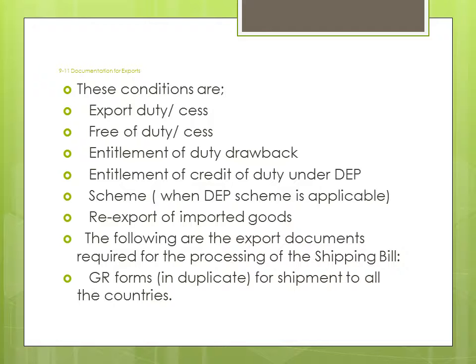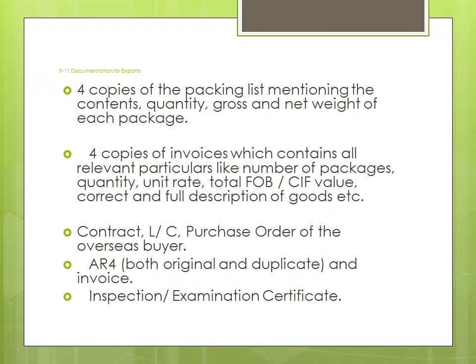GR forms in duplicate for shipment to all the countries. 4 copies of the packing list mentioning the contents, quantity, gross and net weight of each package. 4 copies of invoices which contain all the relevant particulars like number of packages, quantity, unit rate, total FOB or CIF value, correct and full description of the goods, etc. Contract, LC, purchase order of the overseas buyer.